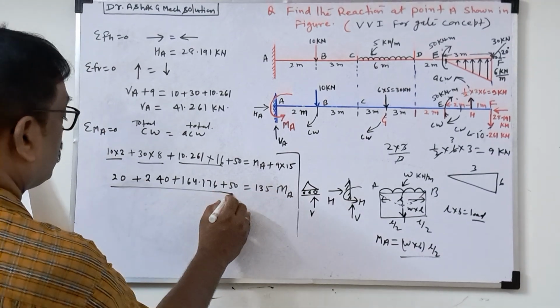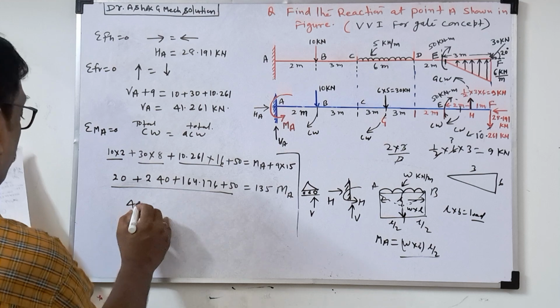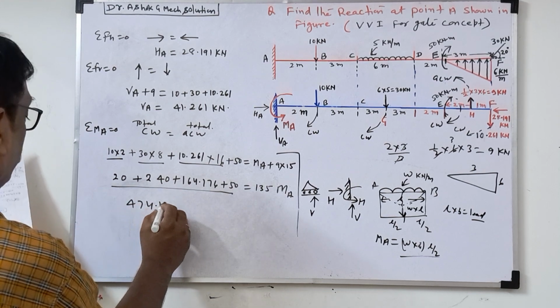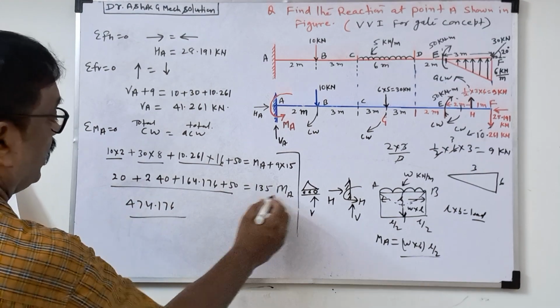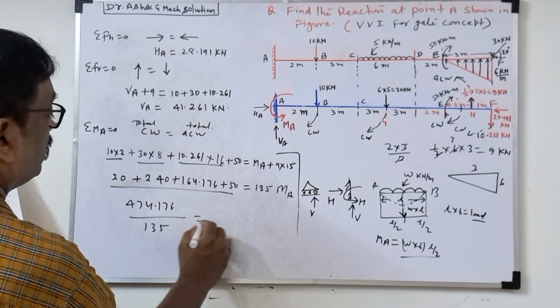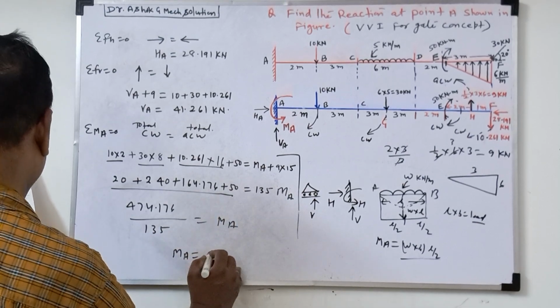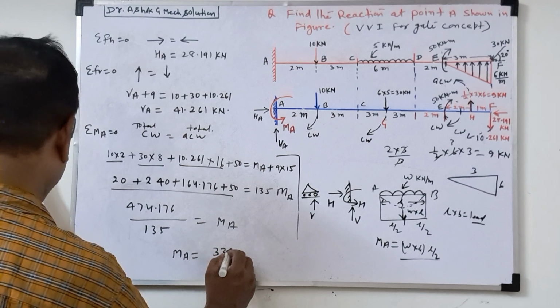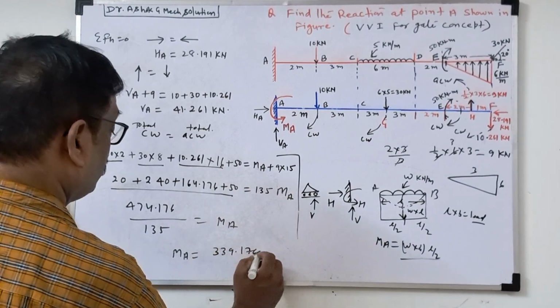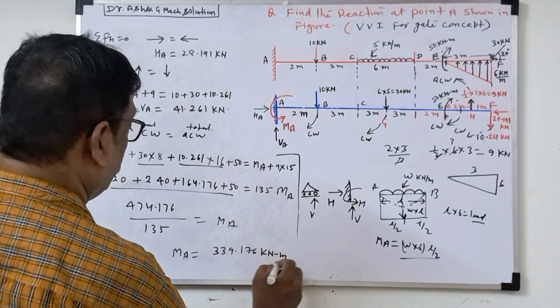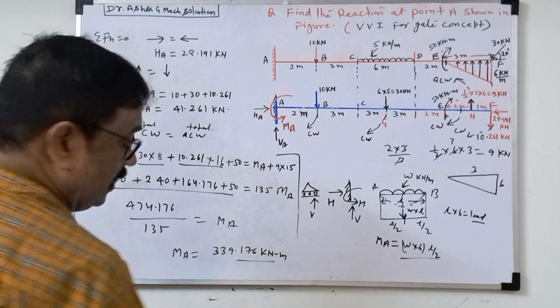So 474.176 divided by 135 is MA. So MA we are getting is 339.176 kilonewton meter. This is the reaction.